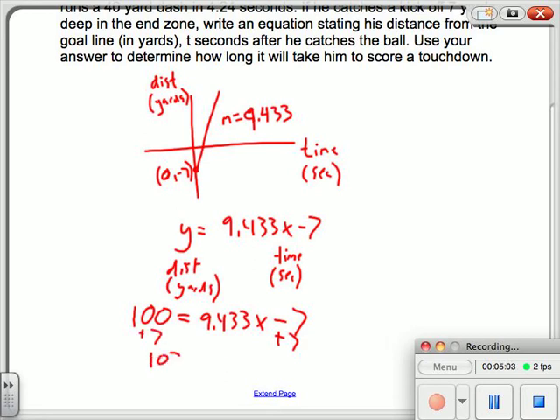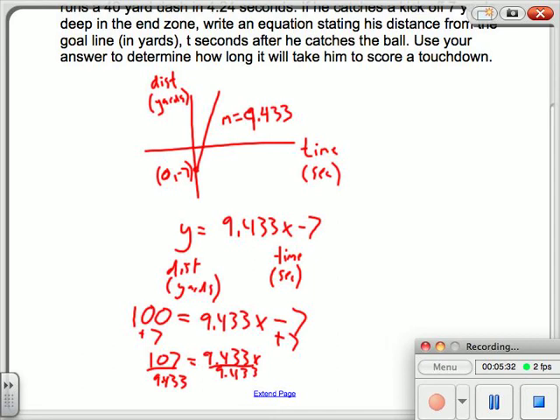107 equals 9.433x. And to isolate x, we'll simply divide both sides of the equation by 9.433. And we should plug this into our calculator, again, saving the full 40 divided by 4.24, that full answer in our calculator without rounding it.